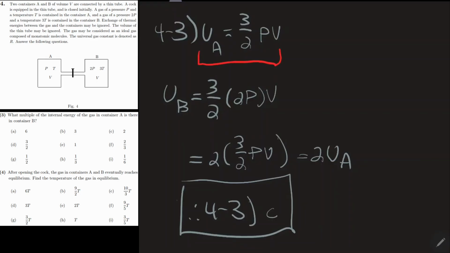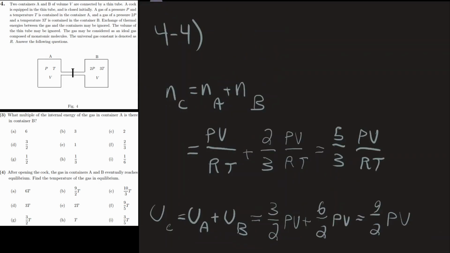For the gas in container A, it's 3 over 2 times P times V. For the gas in container B, we have 2P for the pressure, so it's 3 over 2 times 2P times V. If you rearrange, we have 2 times 3 over 2 PV, and 3 over 2 PV is just the energy of the gas in container A. So the multiple of the internal energy of the gas in container B is 2 times that of A. The correct answer for question 3 is 2, which is option C.